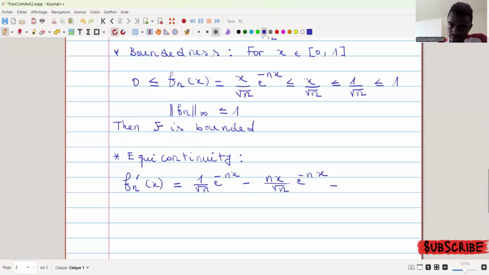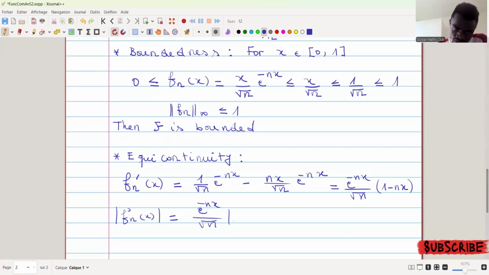Now this is equal to square root of n times (1 minus nx). So if we take the modulus or the absolute value of this, what are we going to have? This quantity is positive, so we don't care.